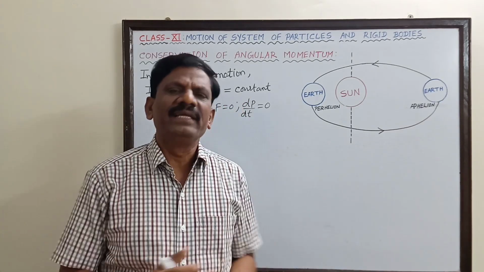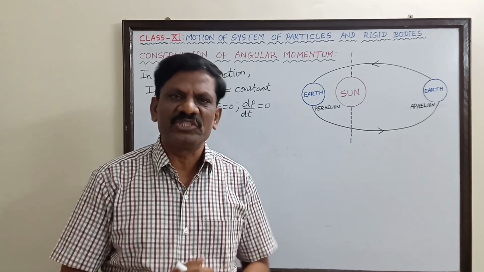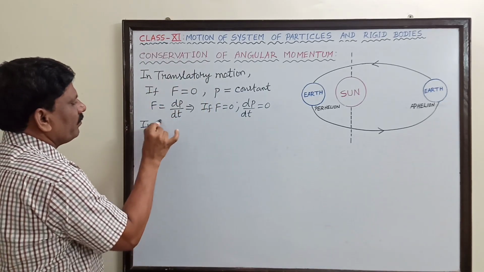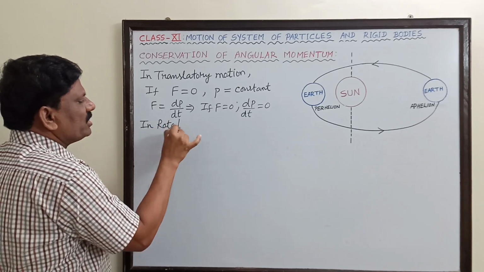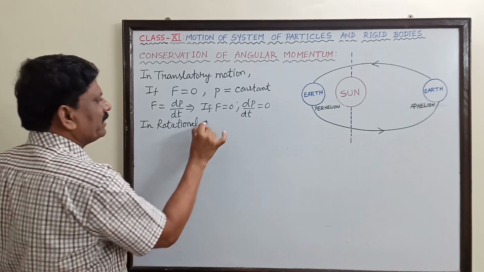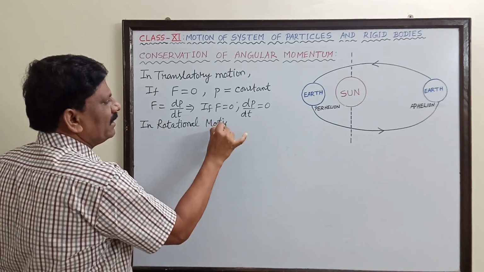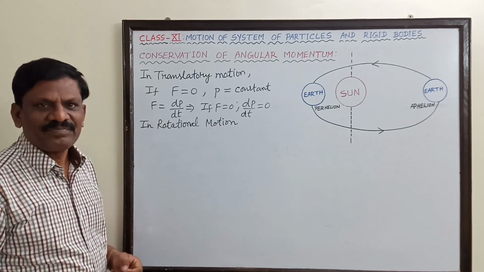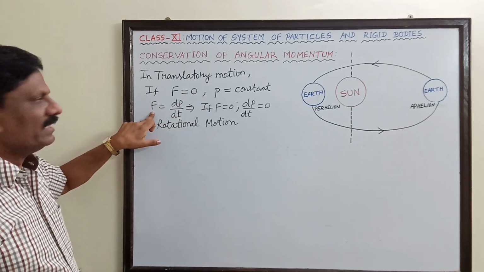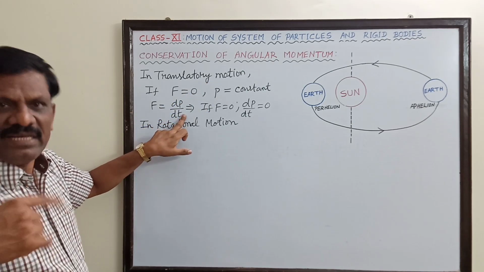The same is repeated in rotational motion. In rotational motion, which term is analogous to force in translatory motion? Yes, it is the torque. In translatory motion, force is equal to the rate of change of linear momentum.